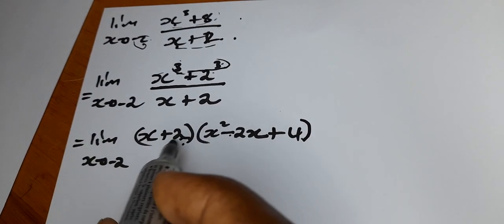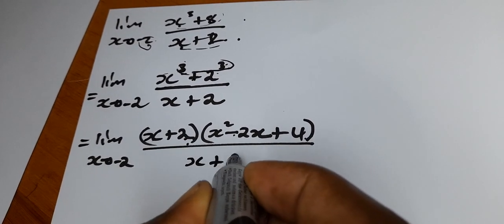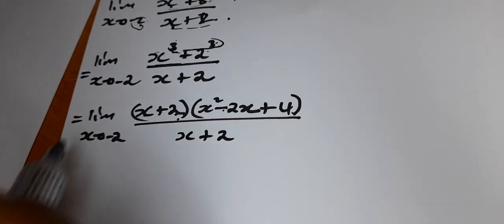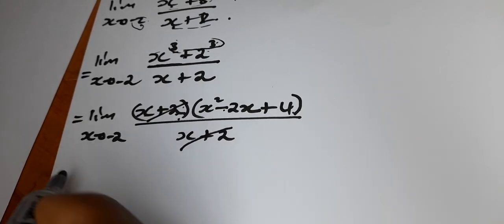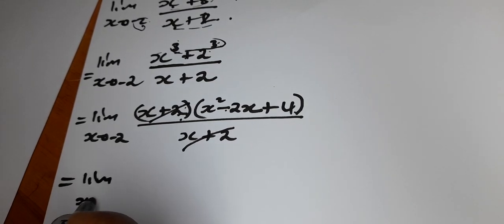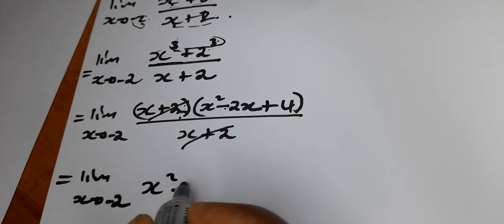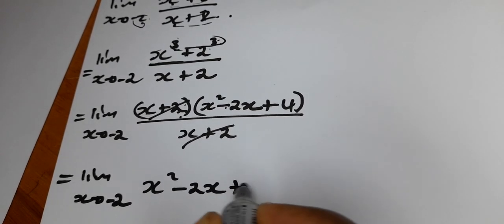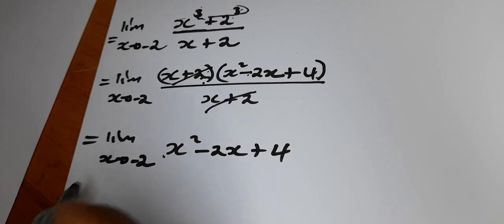Then you close bracket. All over x plus 2. Then now you can see this one is the same as this one. They divide each other. Then you have the limit when x approaches negative 2, you have x squared minus 2x and then plus 4. Then from here, you can distribute your limit.